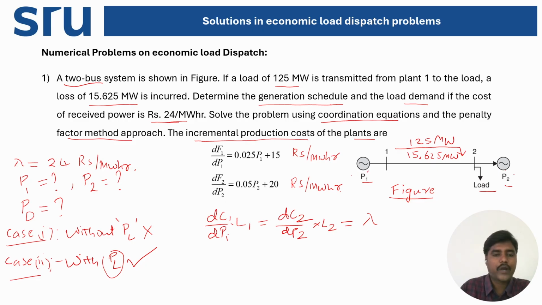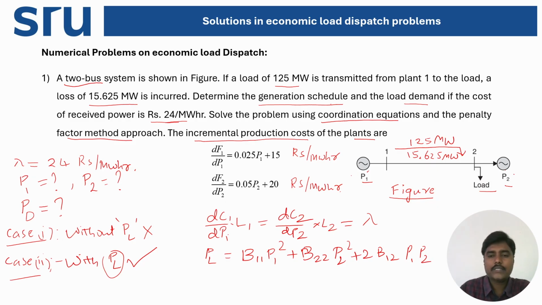And to find L1 and L2, you need the incremental transmission loss. To determine the incremental transmission loss, obviously we require the loss equation. The loss equation is expressed in general for a two plant system as PL equal to B11 P1 square plus B22 P2 square plus 2 B12 P1 P2.